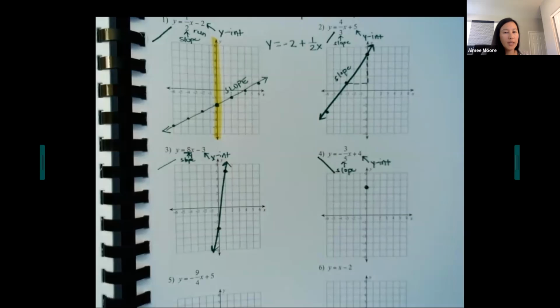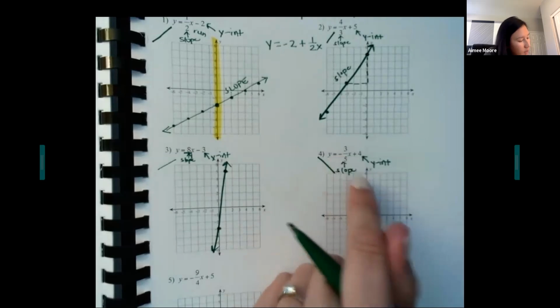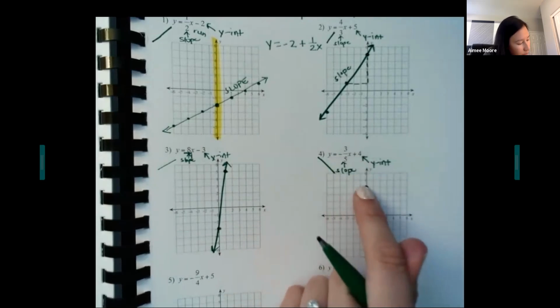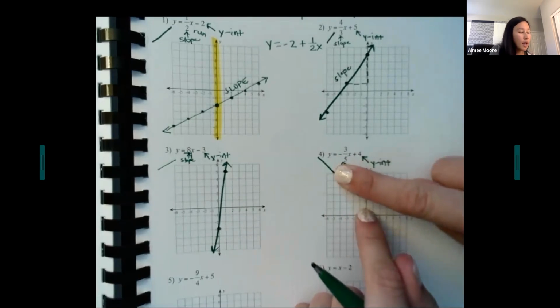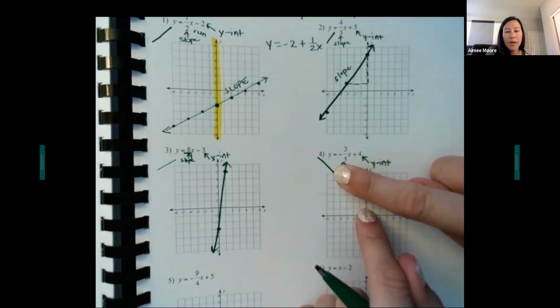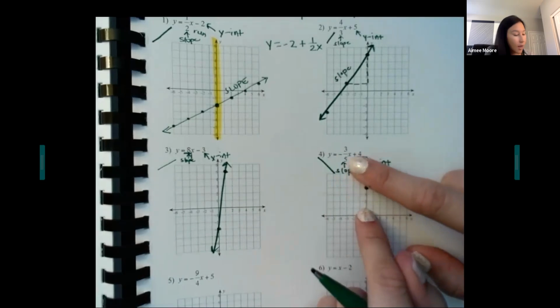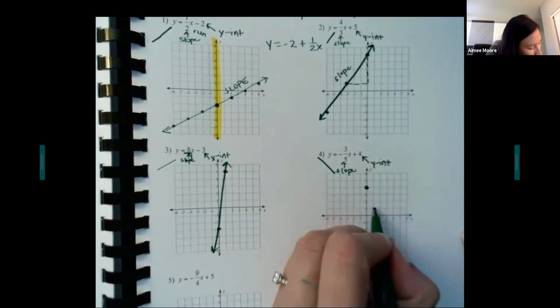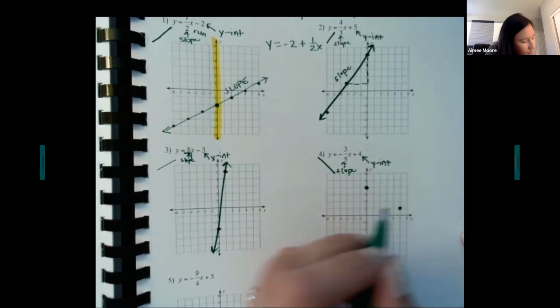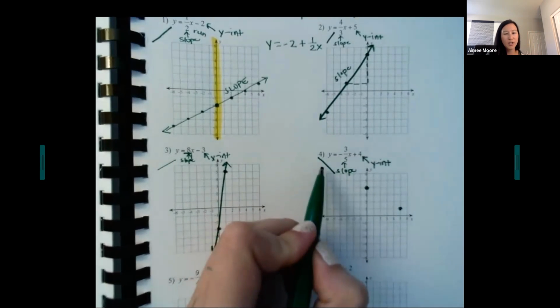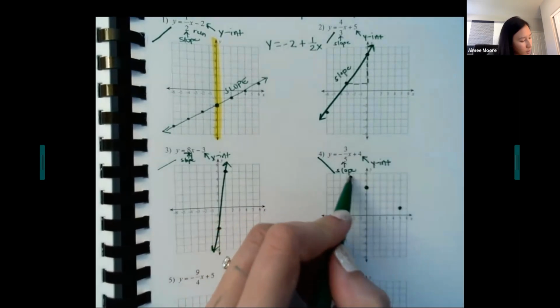And then our slope is -3. So we can't go up 3. So we're going to go down 1, 2, 3. And then since our line has to be going down, I'm going to have to go to the right for my run, which is 5. So I'm going to go right 1, 2, 3, 4, 5. To match my picture, to make it a negative slope.